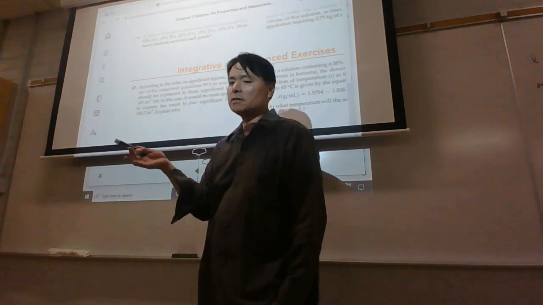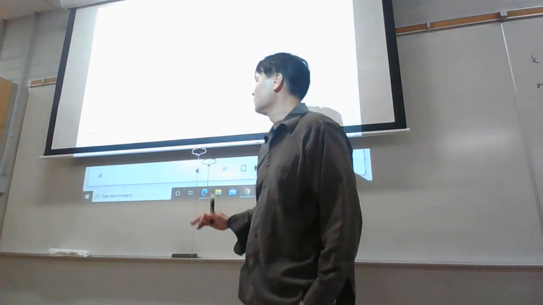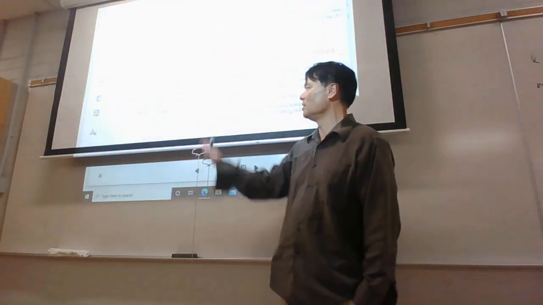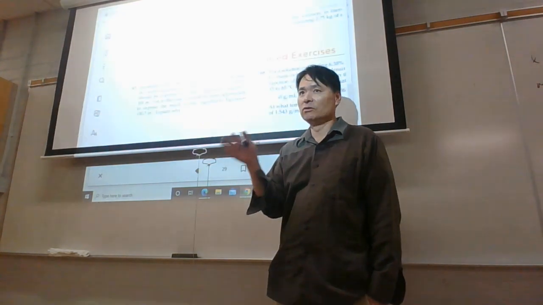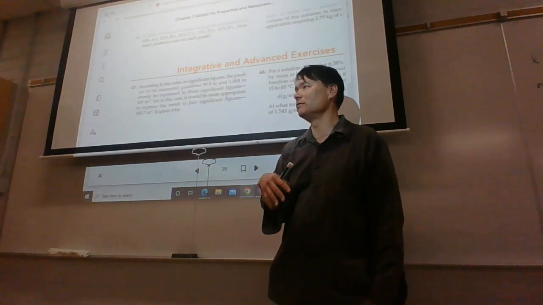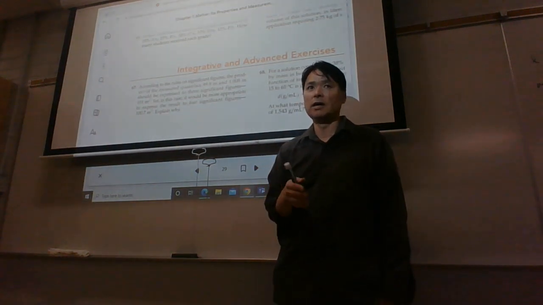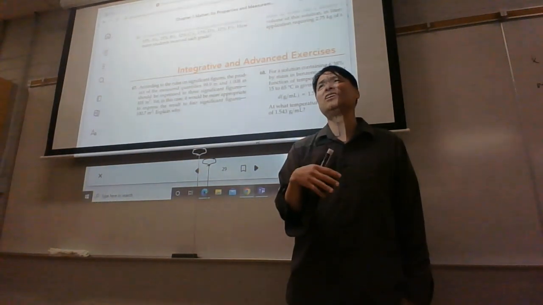In fact, sig figs are a simplification. If you have calculus, then the way we handle uncertainty in measurements is not with sig figs and the rules for sig figs. The rules for sig figs are a simplification of something called propagation of errors. But in order to do propagation of errors, I actually don't need calculus.